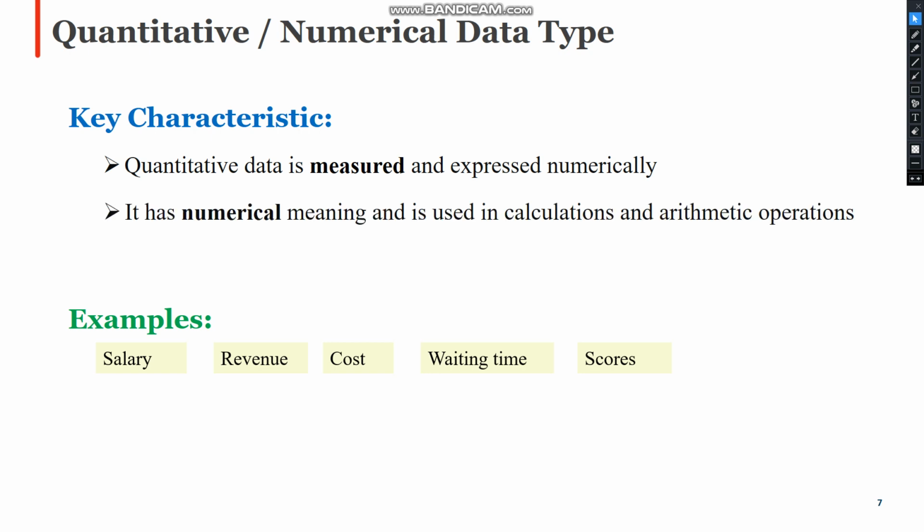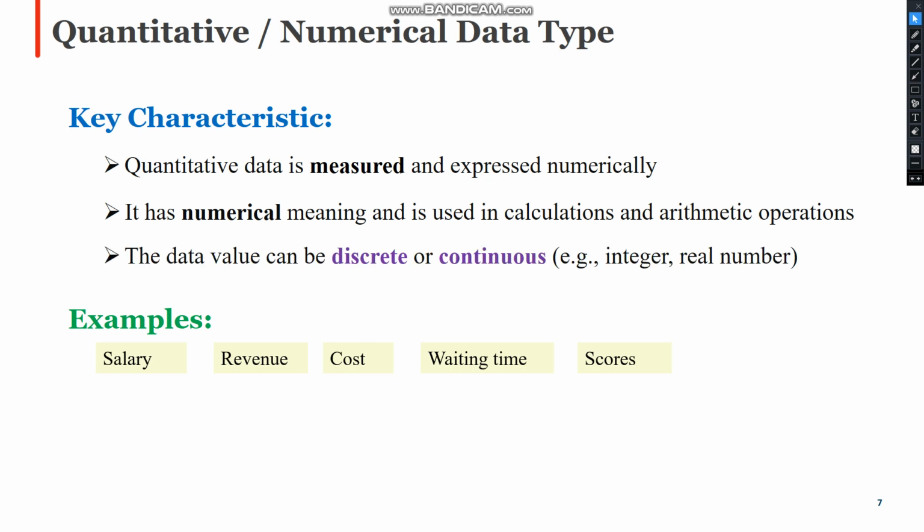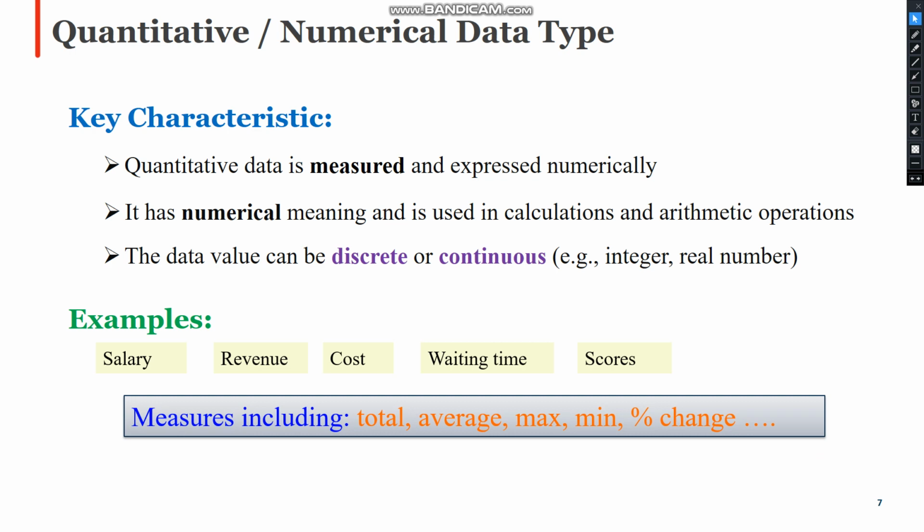It has numerical meaning and is used in calculations and arithmetic operations. The data value can be discrete or continuous, like the integer and real numbers. For numerical data, we often apply various measures on them. For example, the summation, the average, the maximum value, the minimum value, and also the percentage of change.